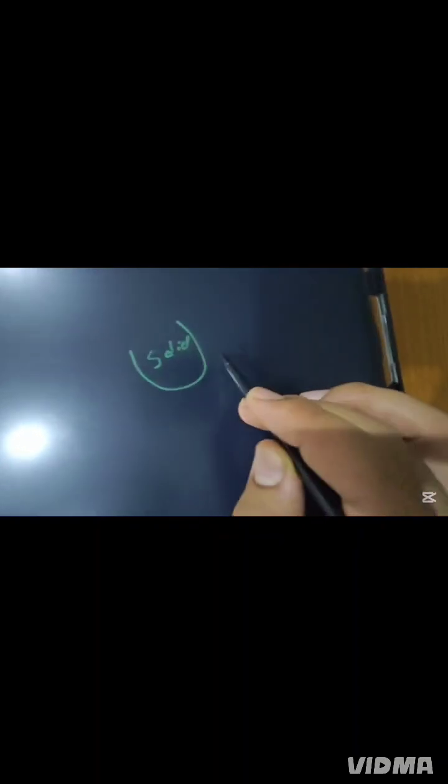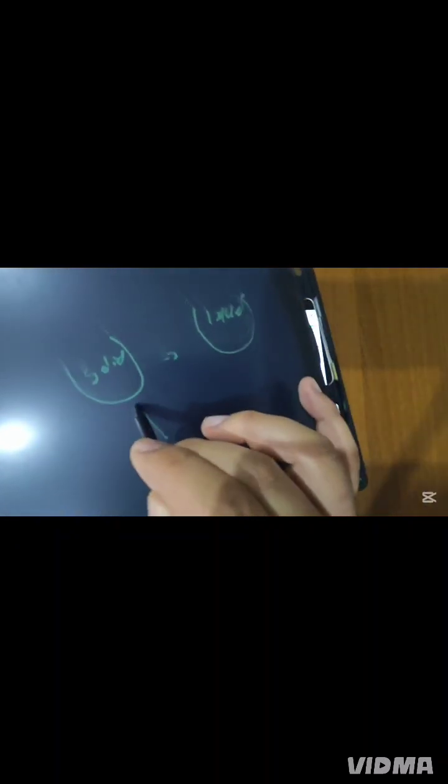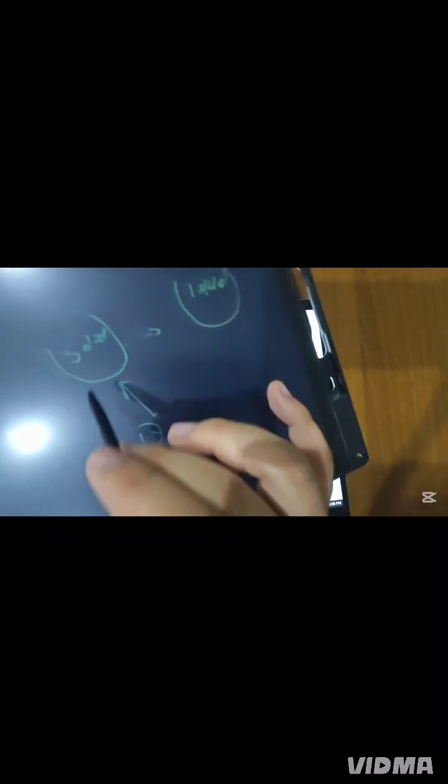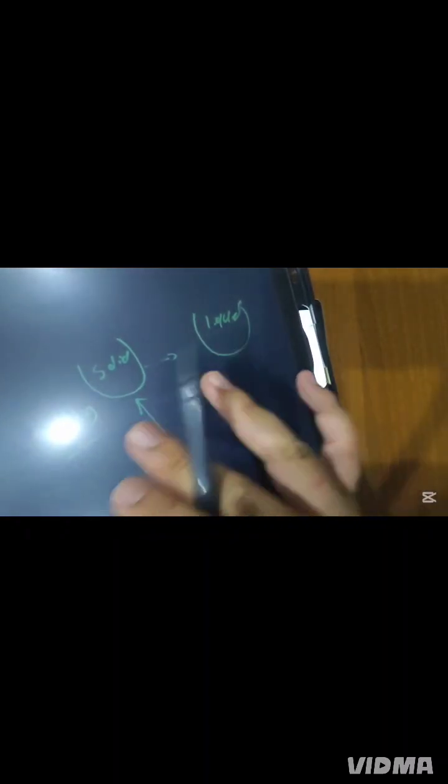For example, when this object's state is solid and afterward it becomes liquid. How does it become liquid? When we give it energy, of course. Suppose the mass of this solid container is 10 kilograms. We give this solid Q energy, and after a while the state of matter changes.